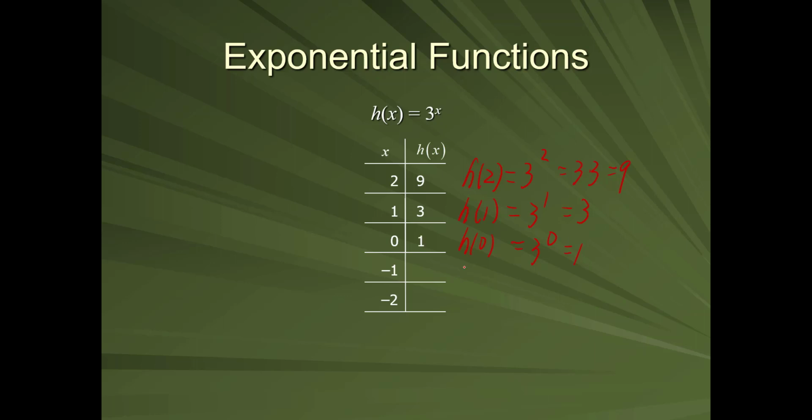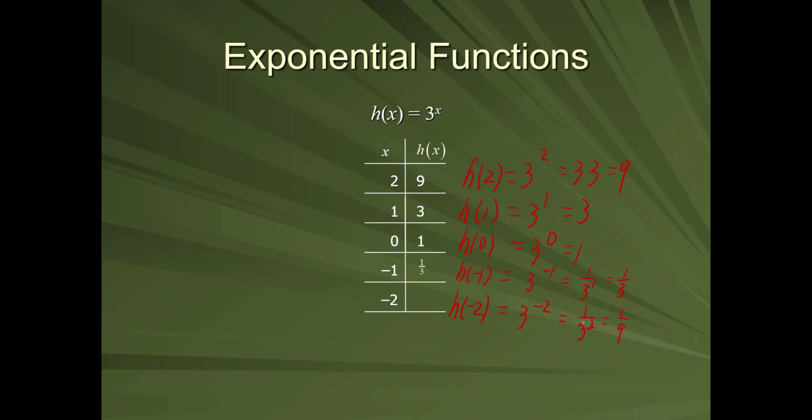And then h of negative 1, which is 3 raised to the negative first power, becomes 1 over 3 to the first, which is 1/3. And then h of negative 2, 3 raised to the negative second power, gets 1 over 3 to the second, which becomes 1 over 9.